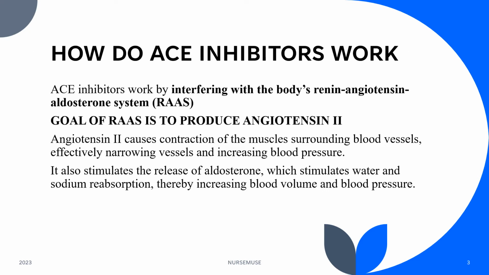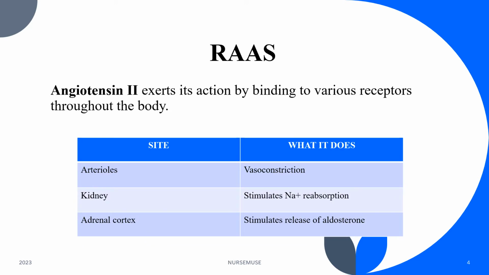So the whole purpose of the renin-angiotensin-aldosterone system is to get to angiotensin II and to produce aldosterone. So when the body has angiotensin II floating around, what's going to happen? Well, the arterioles are going to vasoconstrict, the kidneys are going to keep the water and sodium inside the body, and our adrenal cortex is going to release aldosterone.